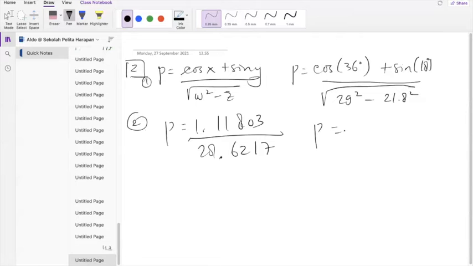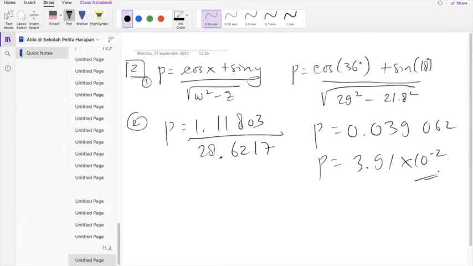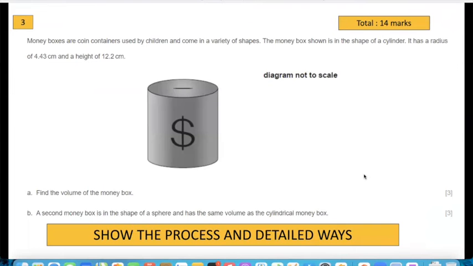So P is equal to 0.0396062, or you can call it P is equal to 3.91 times 10 power of minus 2. Okay, so that's number 2. Now we go to number 3.